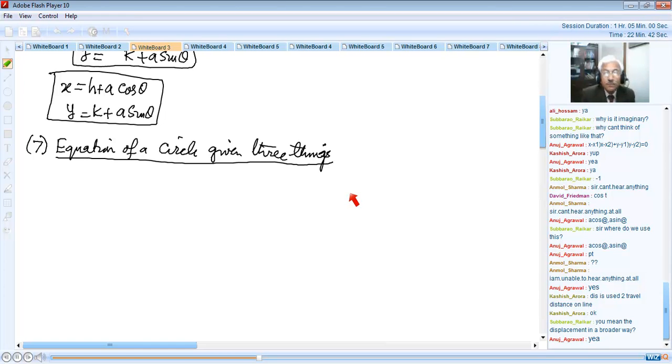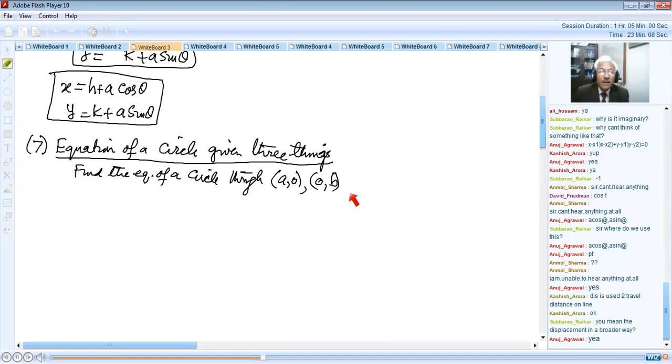Now see how we do it. To find the equation, let's find out. We find the equation of a circle through 3 points. Suppose the points are A(a, 0), B(0, b) and the origin (0, 0). How do we do it?